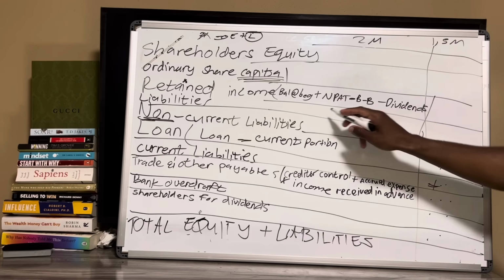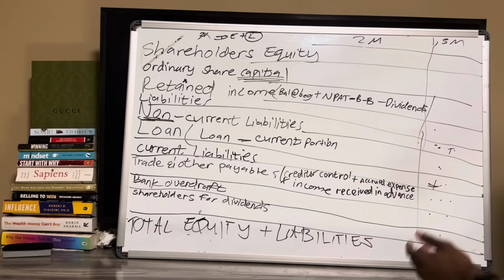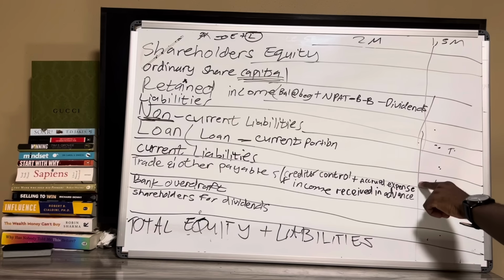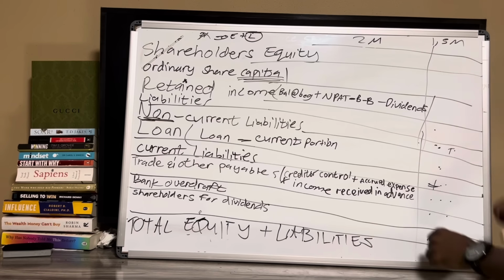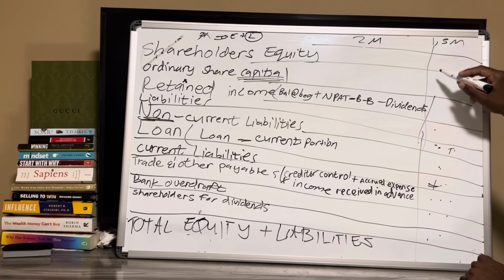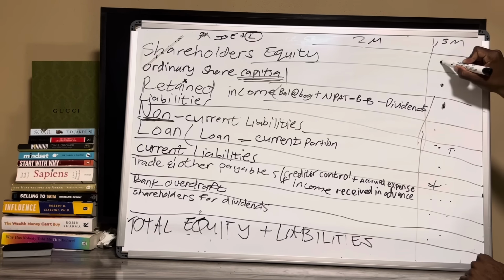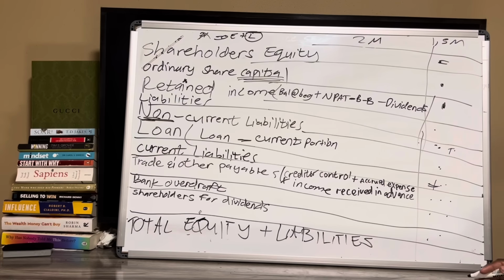We can put them in our liabilities, but usually you don't need to do that. When I just have your current liabilities and your non-current liabilities, then add your shareholders equity. So your shareholders equity is going to be ordinary share capital, so it's this plus the retained income will give you the shareholders equity.